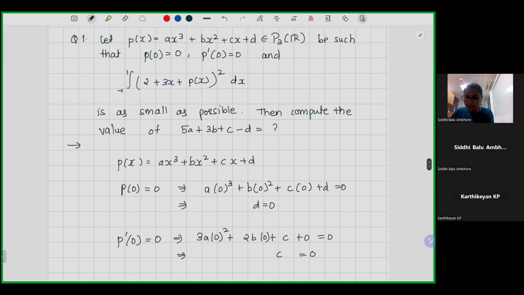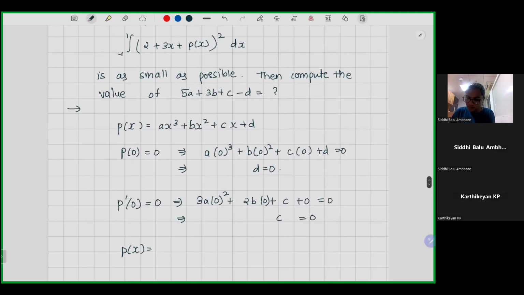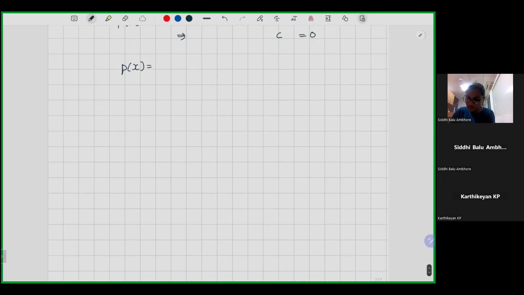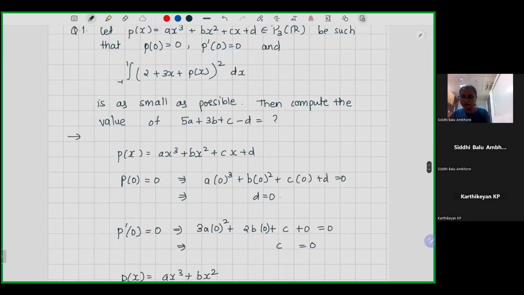So my p(x) now becomes ax cube plus bx square.